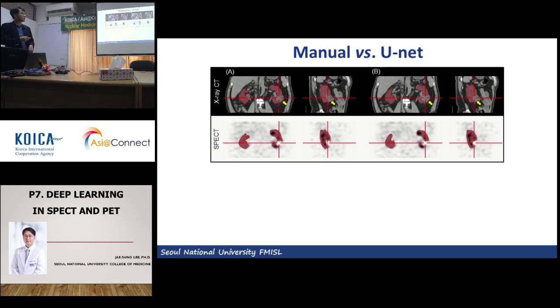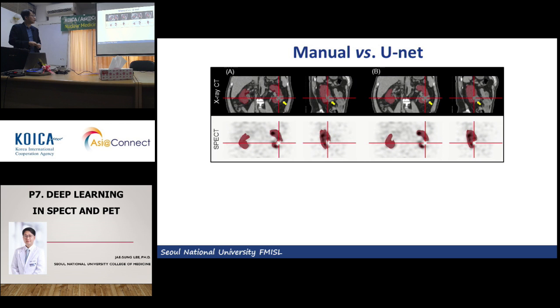When we draw the volume of interest, usually we exclude the cyst because that is not a functional part of the kidney. So the human drew well and excluded the cyst well, and the deep learning network also works quite well, like humans. It could distinguish the normal soft tissue and cyst maybe by comparing their intensity.